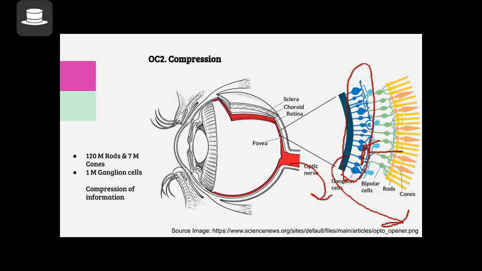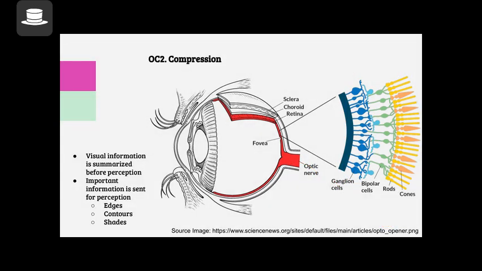Now again, keep in mind, sensation ends here, right? In other words, the capture of information by your photoreceptors is sensation. Now the information is sent to the brain so it can perceive, interpret the information.